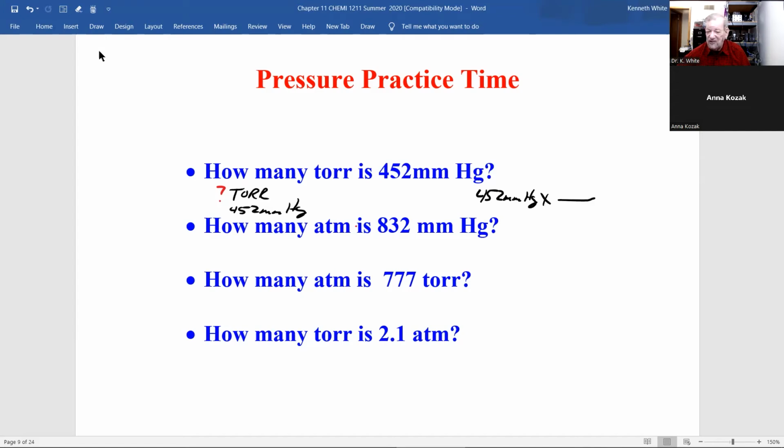If I had a ratio, what units do I want my answer to be in? And that's torr. And guess what time it is? Nope, it's not just for one chapter. It's for the rest of the semester. You should know it's time for your good buddy, your good friend, unit analysis.